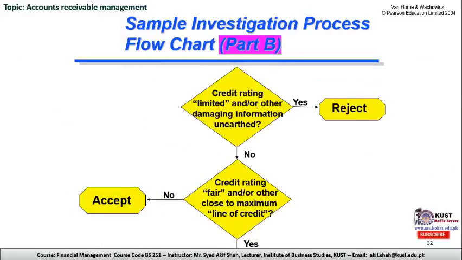The next step is that if the credit rating given by Dun and Bradstreet is limited, as I have already explained, there are 4 grades starting from high, second good, third fair, and fourth limited.